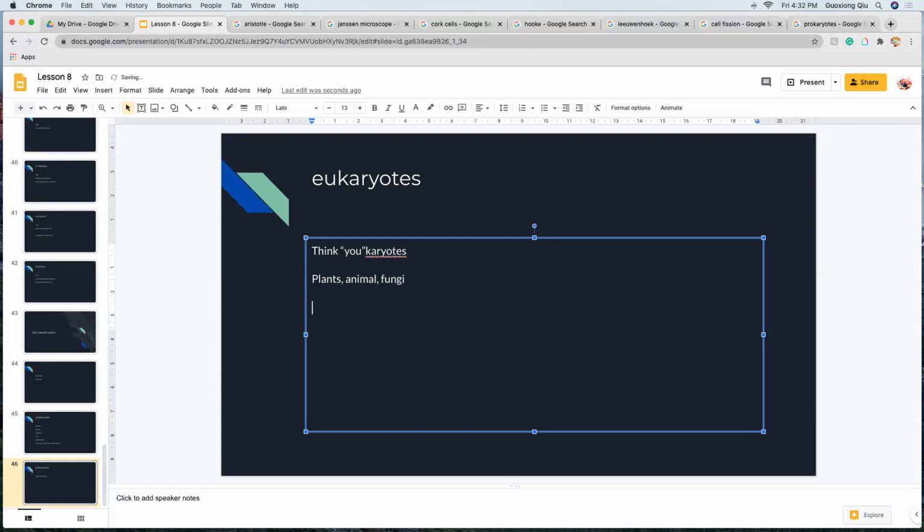Fungi is kind of debatable. They are multicellular, so made of more than one cell. Eukaryote cells are quite large, 20 to 50 micrometers in size, whereas prokaryotes are usually 1 to 5 micrometers in size.